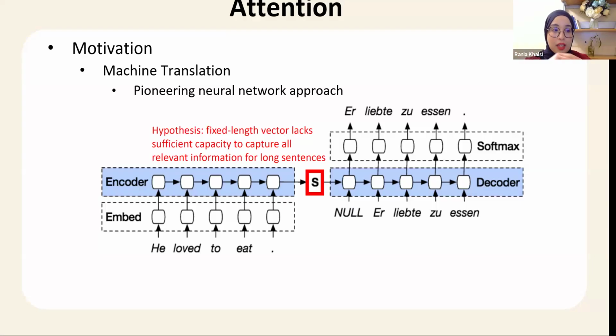After being embedded, this sentence is encoded, and the result of the encoder part is the compressed version, the vector we denote by S. The problem is that S has a fixed size, and it lacks sufficient capacity to capture all relevant information for a long sentence.